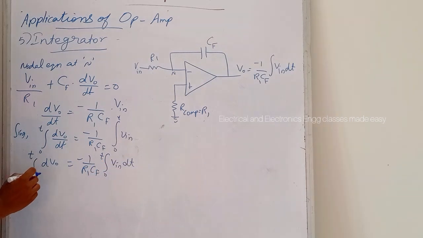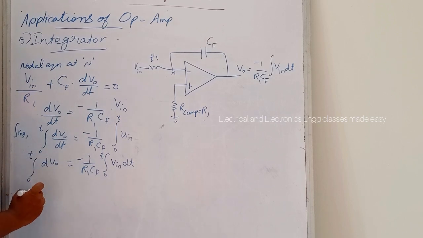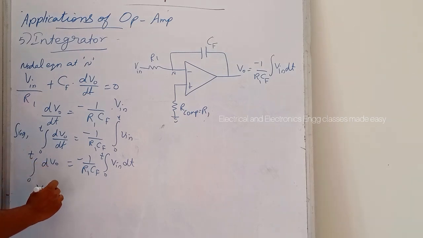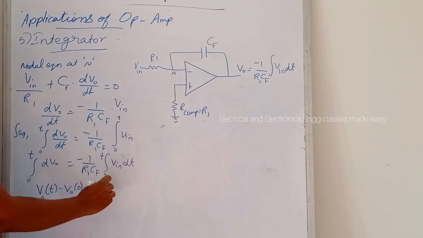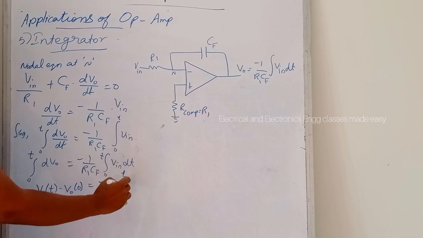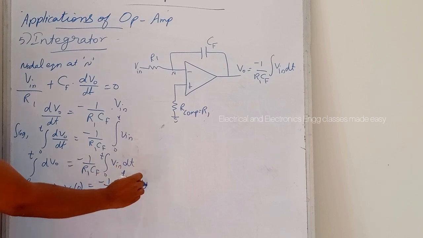That is here the integral of dV0 is V0. Then applying the limits, V0 of t minus V0 of 0 is equal to minus 1 divided by R1 Cf, then integral 0 to t of Vin into dt.